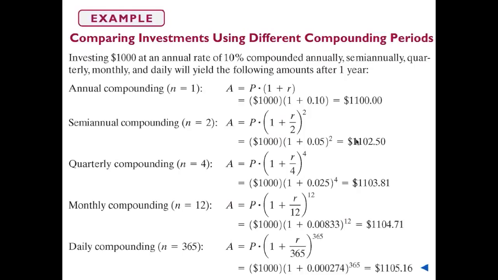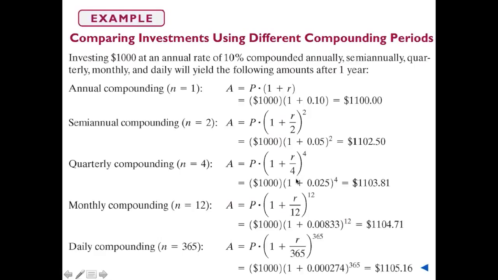So what we're going to do is use our formula, A equals P times 1 plus r over n to the nt. Now in this case, since it's just compounded annually, you can use this simplified formula right here, okay? But if you just let n equal 1, you're going to get the exact same thing. So we have 1,000 times the quantity 1 plus 0.1. Again, we write our rate as a decimal.